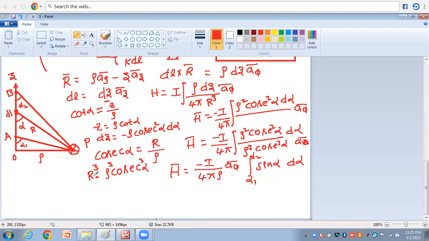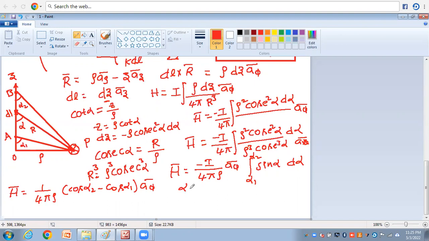Doing the integration, the integral of sin alpha is minus cos alpha. Substitute this one by one, minus and minus get cancelled. Finally H bar equal to I by 4 pi rho, cos alpha 2 minus cos alpha 1, with direction a phi bar.